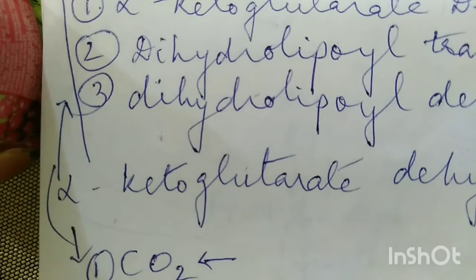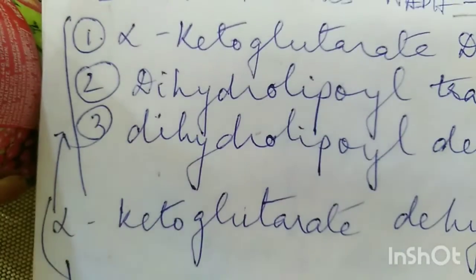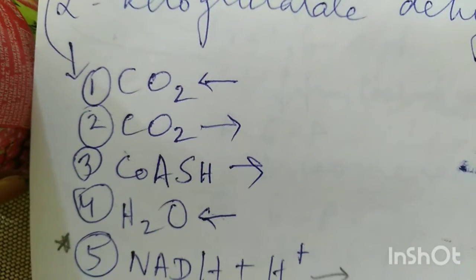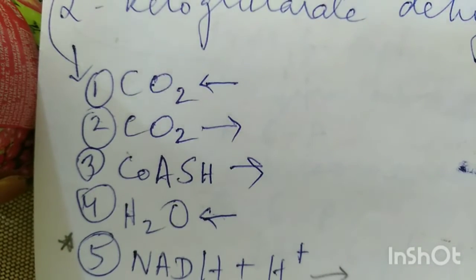Now, alpha ketoglutarate is in this reaction where alpha ketoglutarate dehydrogenase acts. Here there are reactions number 1, 2, 3, 4 and 5. I am naming the reactions.